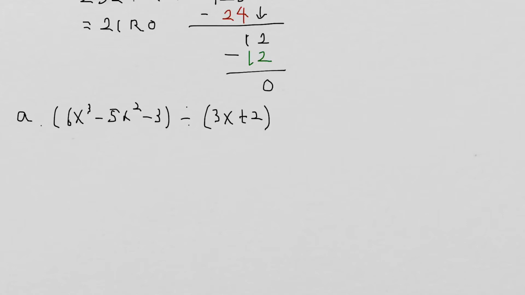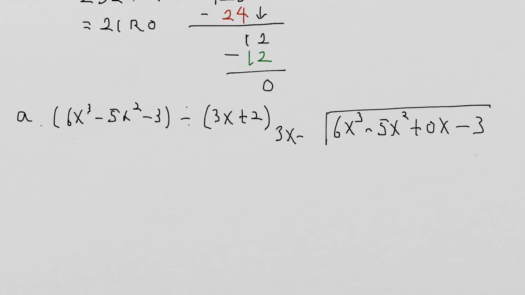So the way that I'm going to write this problem in a long division will be 6x cubed minus 5x squared plus 0x to the first. Remember, a missing term will always be 0. And then you have a constant, right? Dividing this by 3x plus 2.